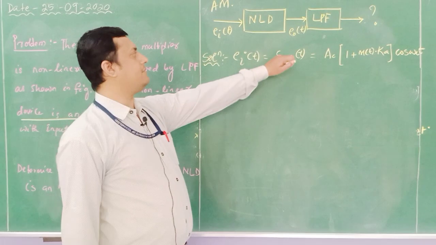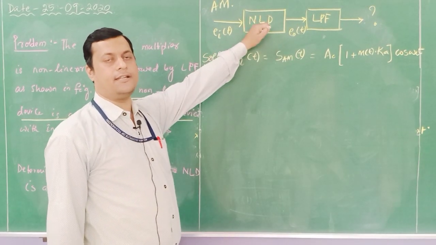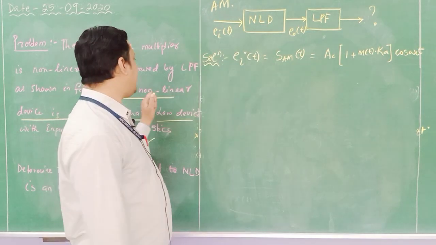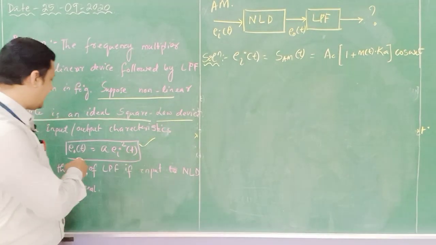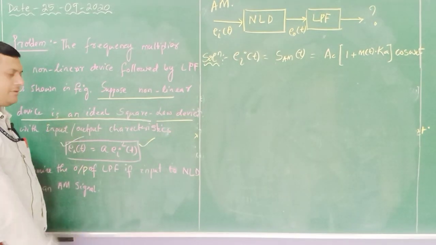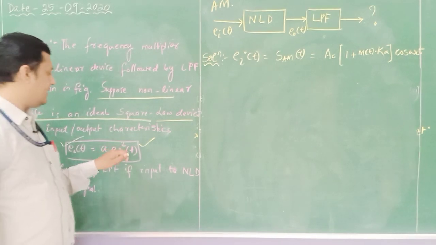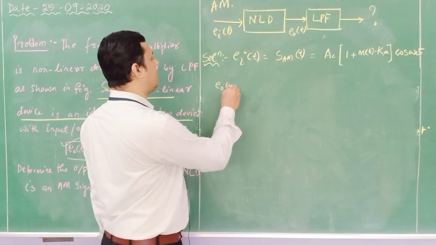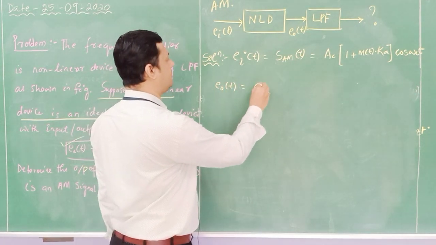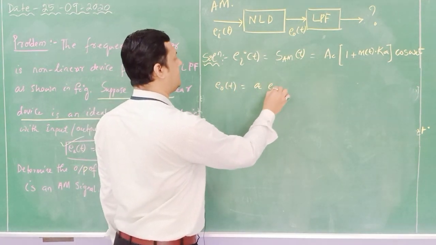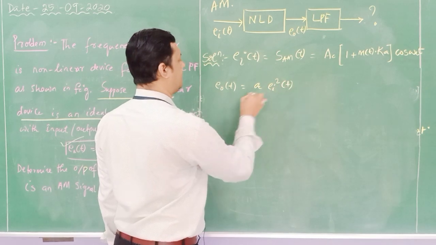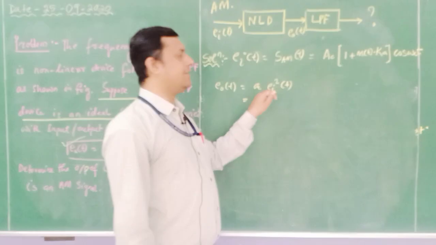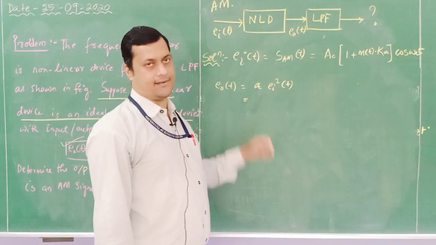Now this AM signal is given to this nonlinear device, whose input and output characteristics are E naught of t equals A into E i square of t. So now what we have to do? We have to substitute this equation here so that we will get the output characteristics.